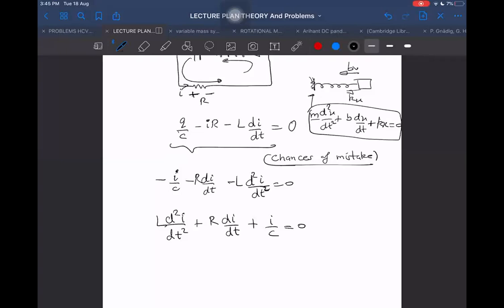And see, resistance is playing the role of energy loss. In one case energy loss is due to b, and in the other case it is due to R. What about k? k is behaving like 1 by C, a reciprocal of C. The spring constant is behaving like a reciprocal of C.